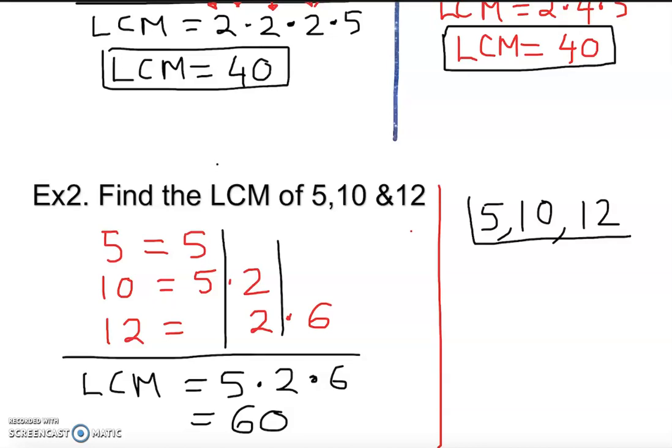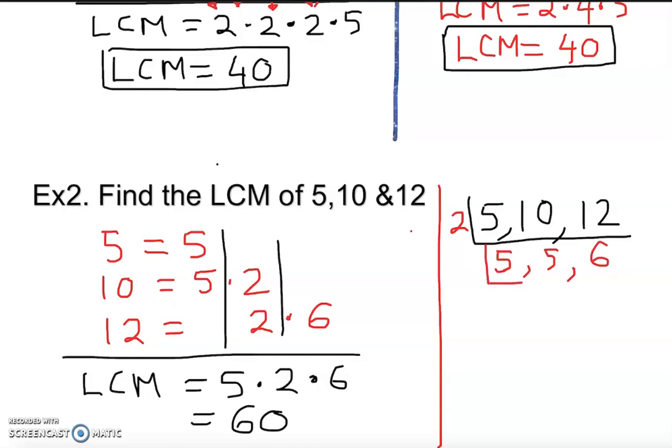So what is common between them here? I can come up with 2. Since 2 doesn't go into 5, I just bring down 5. 2 goes into 10 five times, and 2 goes into 12 six times.